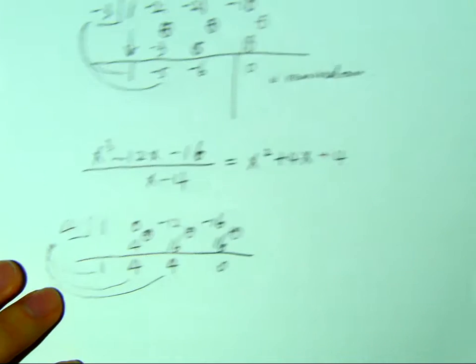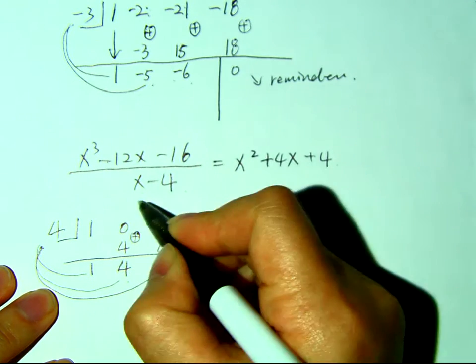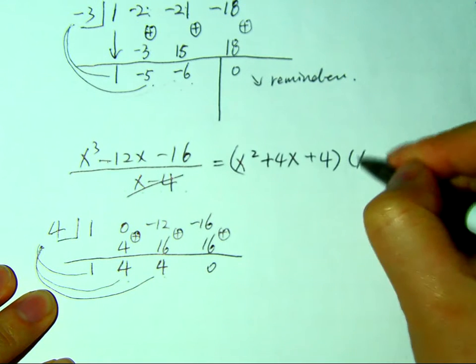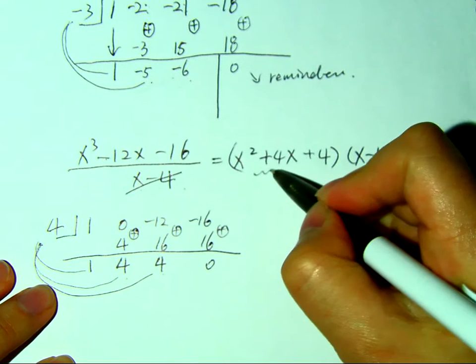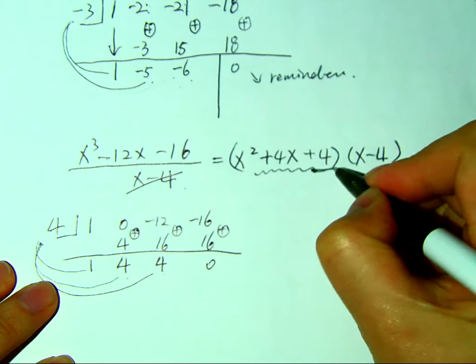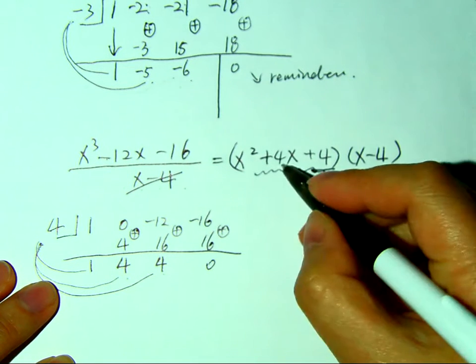And the same thing, if I want to multiply this term on both sides again, so this is gone. And that means we have another x minus 4 on the other side. And we can continue to factor this one. We factor 4 to 2 and 2. We add these 2, which is 4.